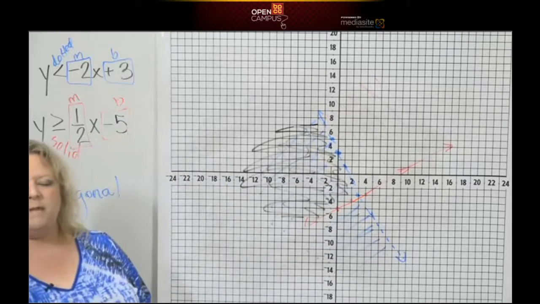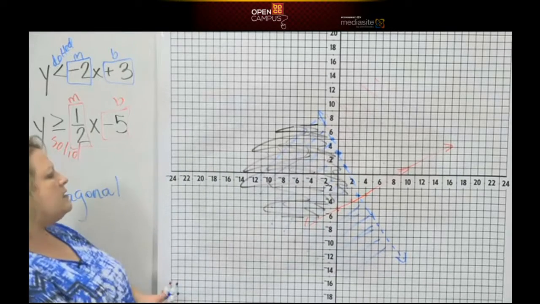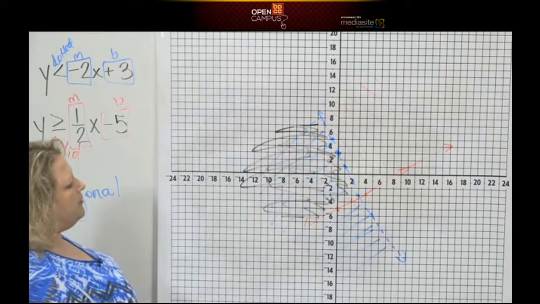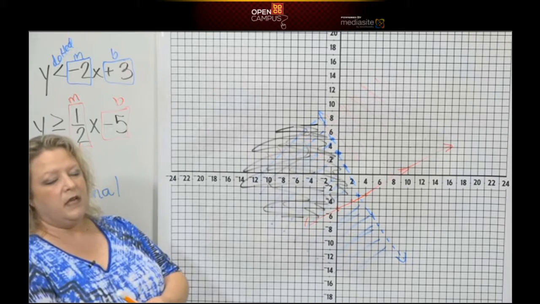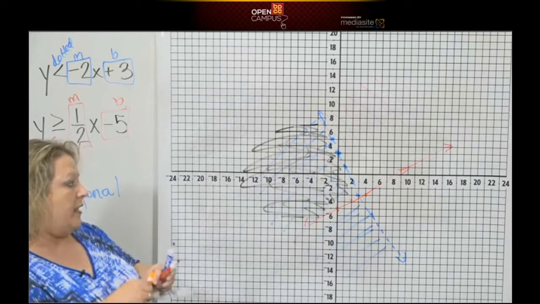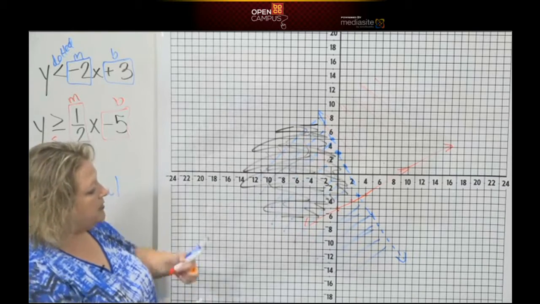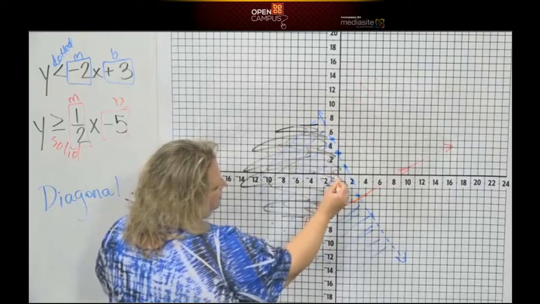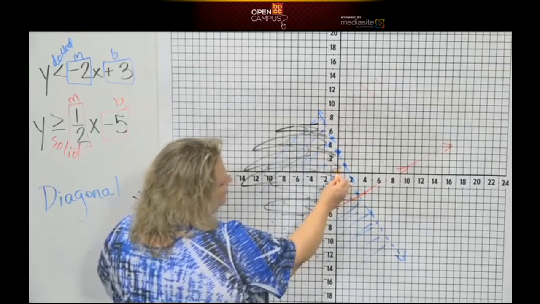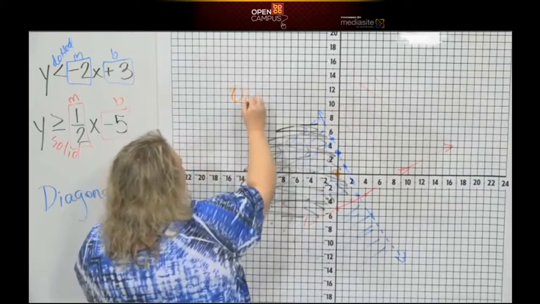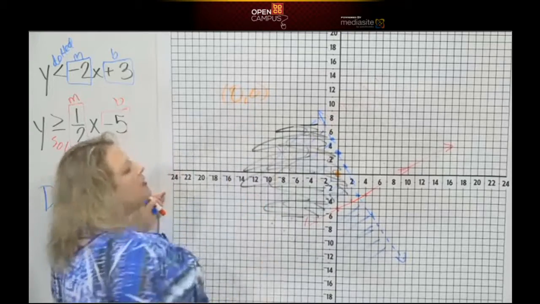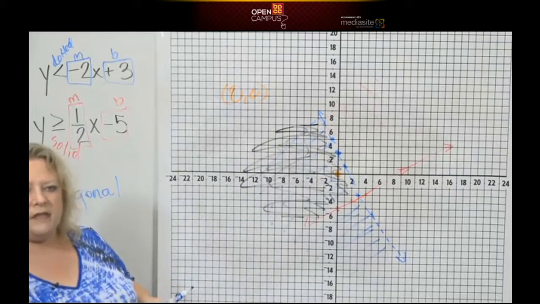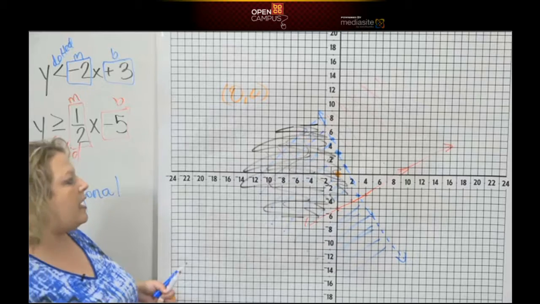Isn't that beautiful? Now, let's say you wanted to test and see if you got it right. So you want a test point. I can pick, let's say, an easy one: 0, 0. Let's plug that in and see if I shaded in the correct area.